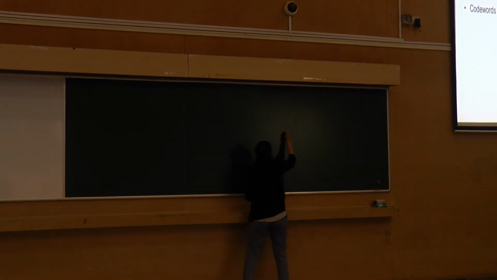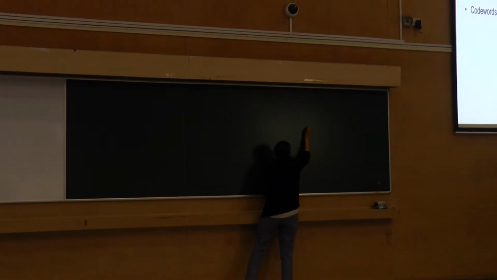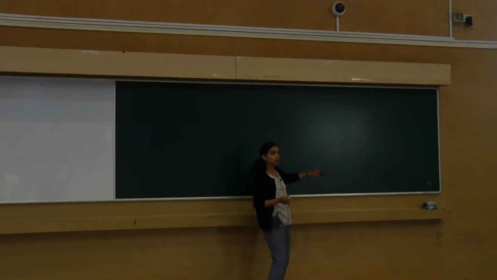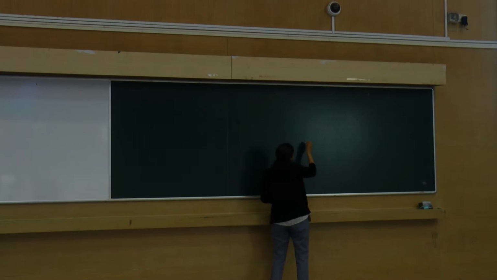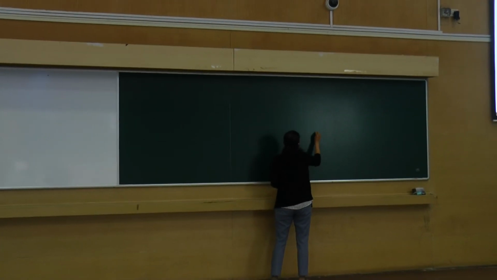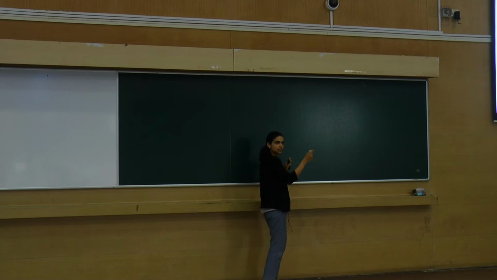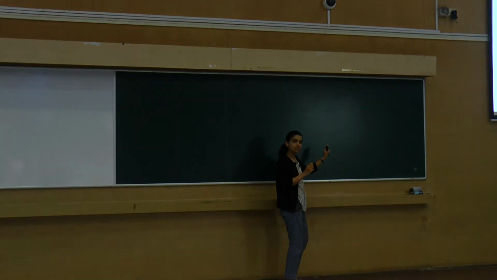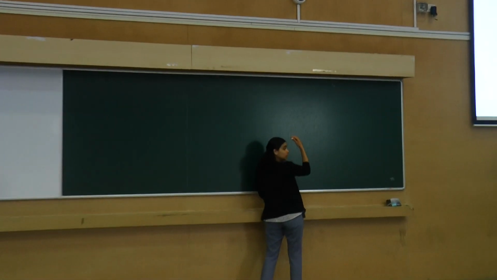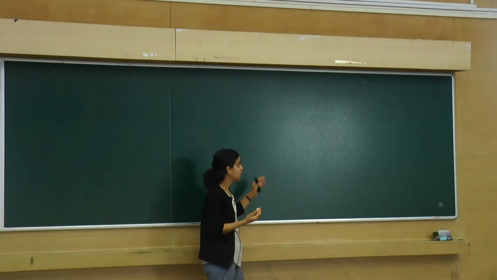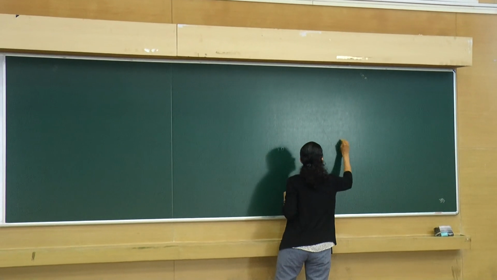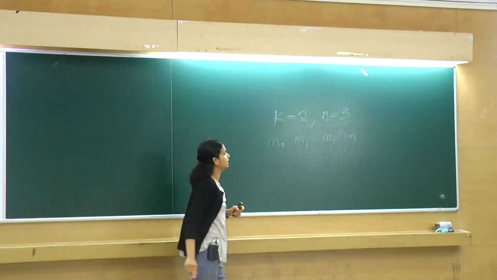Let me take k equal to 2 and n equal to 3. A single parity check code, in this case, has 2 message bits, so k is 2, a length 2 vector, and 1 parity check, which in this particular code is just the XOR of the message bits. So we'll have M0 XOR M1.